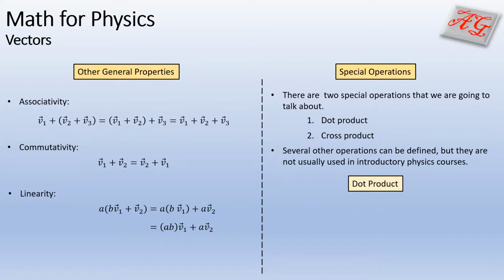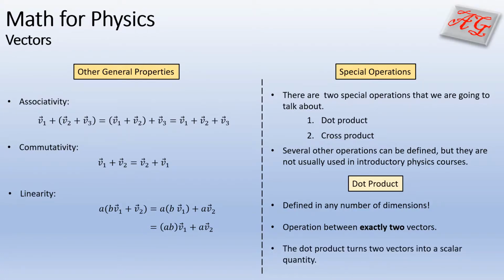So let's take a look at the dot product. The dot product is defined in any number of dimensions as opposed to the cross product that is only defined in 3 dimensions. The dot product is an operation that can only be performed between 2 vectors, not on more than 2 vectors, not on less than 2 vectors, on exactly 2 vectors.